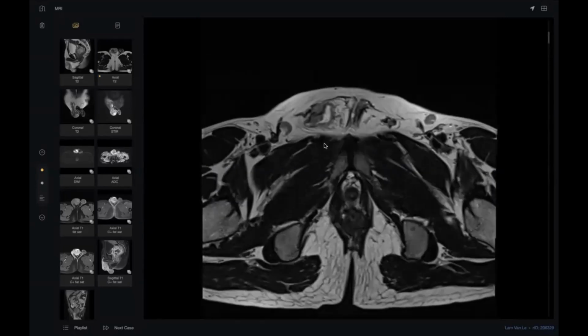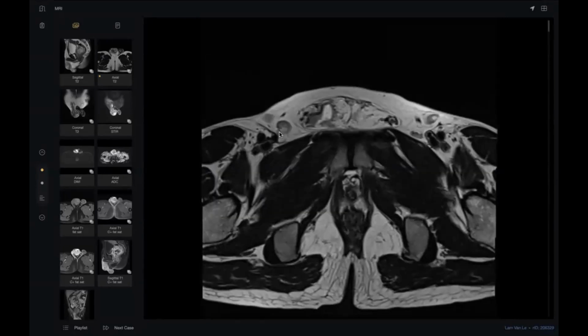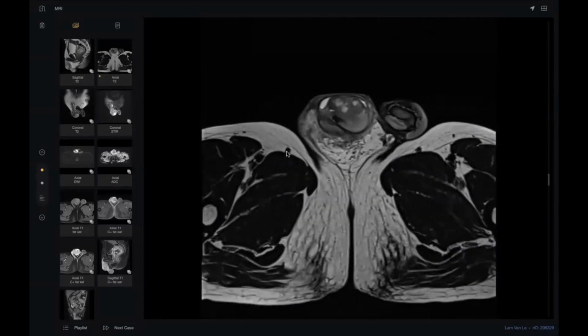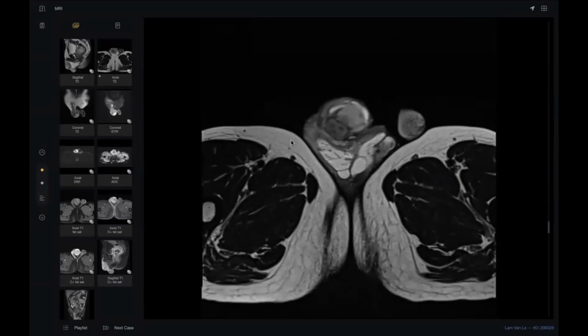The other possibility could be, I can see an enlarged lymph node in the right inguinal region. I will check any other sequence like restricted diffusion or DWI and coronal images if possible.